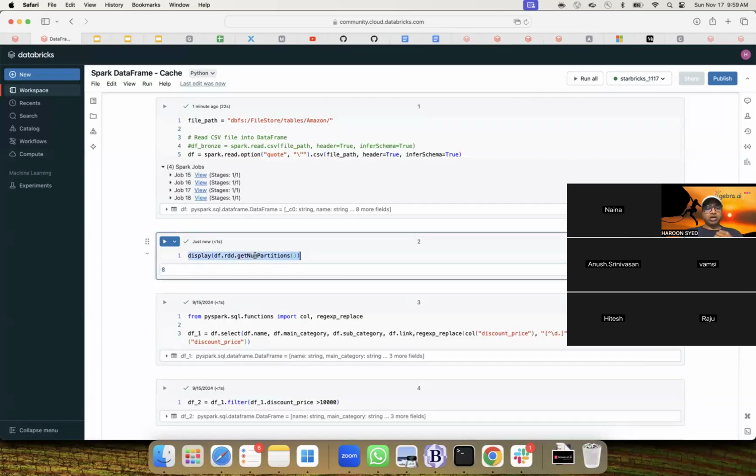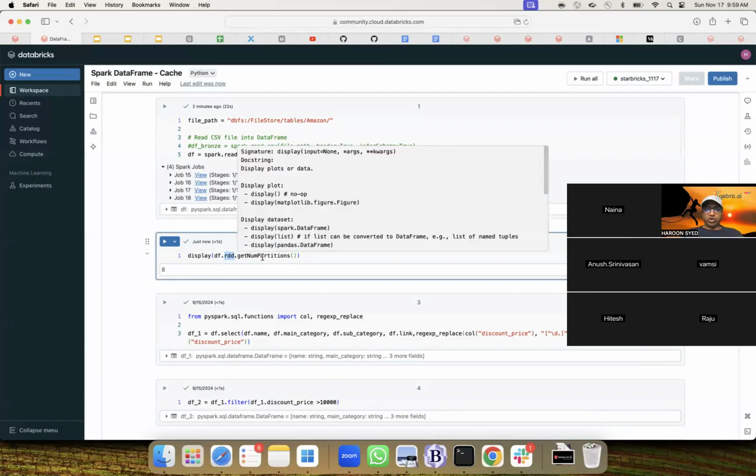So actual partitions is at the lower level. We talked about RDD, the resilient distributed data set, which is the lowest level of abstraction, right? Remember, the data frame on top of it is a wrapper, RDD plus schema and all that. If you want to get to that low level we talked about, we can use RDD.